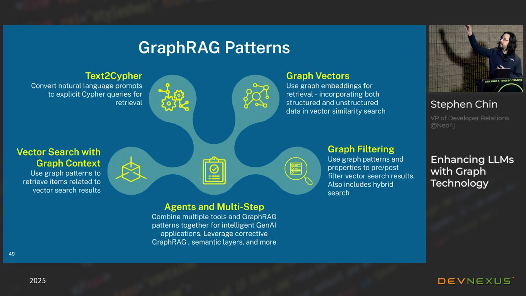You can do graph vectors, doing similarity search, and you can also do text to Cypher. Text to Cypher seems intuitive, but it's actually the most difficult one to get right. The challenge with text to Cypher is basically you're asking the LLM, here's an input, give me a Cypher query, Cypher is the query language for graph databases. Give me a query against the graph database which will pull the answer out.